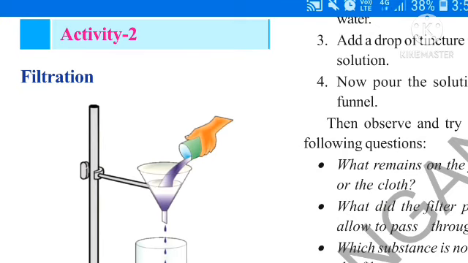Procedure: attach funnel with filter paper to retort stand. Keep the beaker below the funnel. Prepare wheat powder solution in a beaker by adding 1 teaspoon of powder in 100 ml of water. Add a drop of tincture iodine to the solution. Now pour the solution into the funnel.